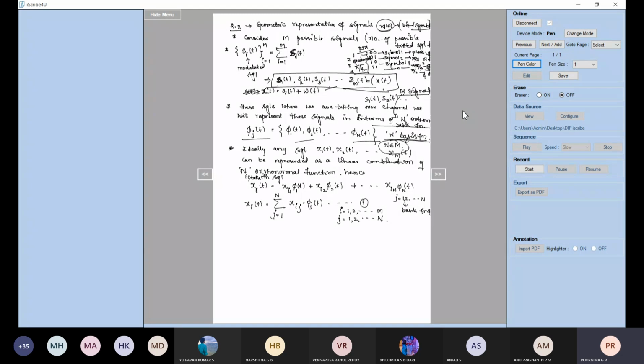So thereby it satisfies the orthogonality and orthonormality. Hence, it is a must to convert the incoming signal into the orthonormal form.